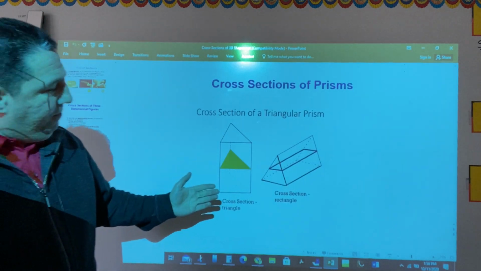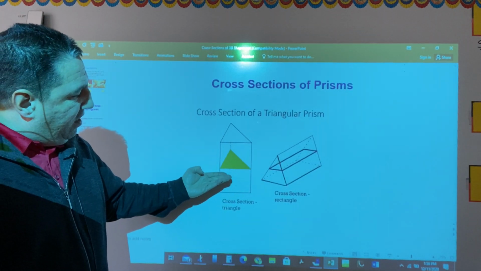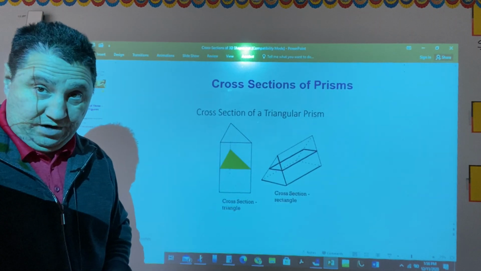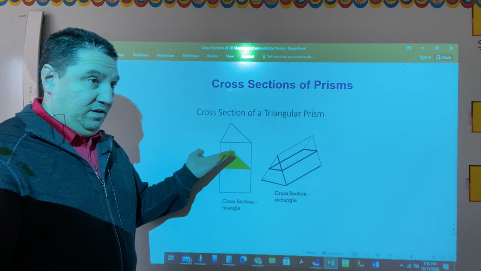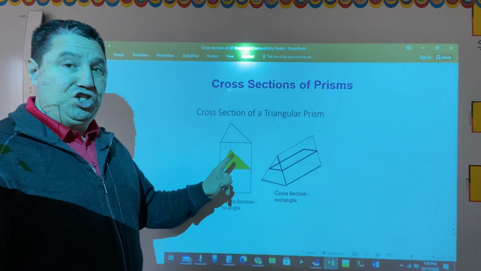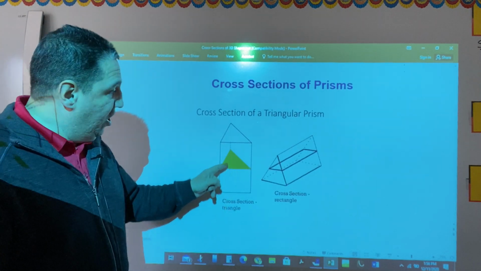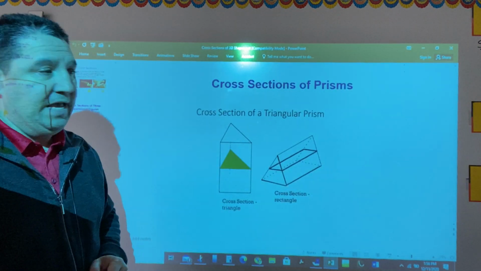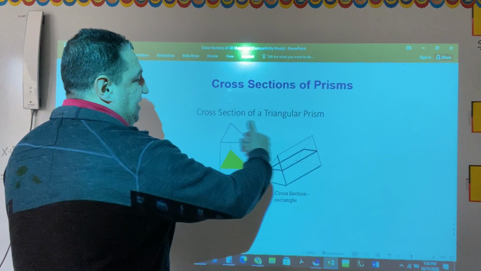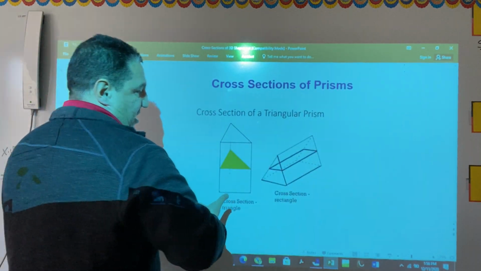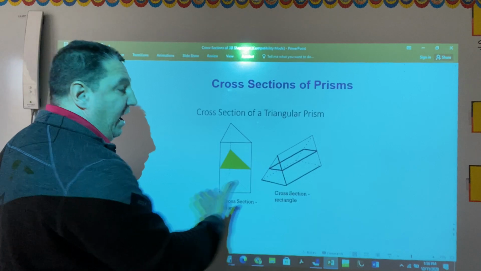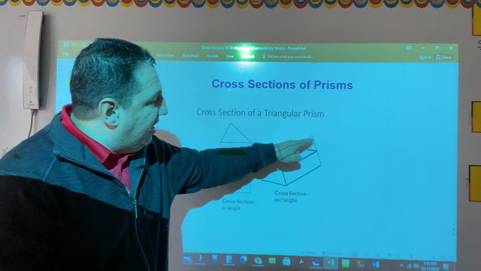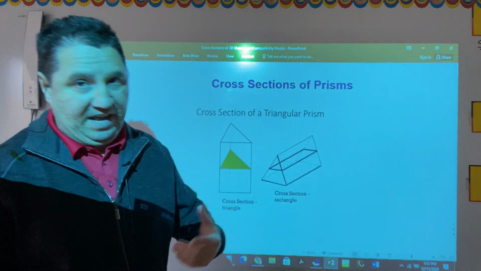As we can see here, the plane cuts the triangular prism horizontally. The resulting shape of the cross section would be the same as the shape of the base, which is a triangle. If the same triangular prism is cut vertically, perpendicular to the base, the resulting cross section would be a rectangle.